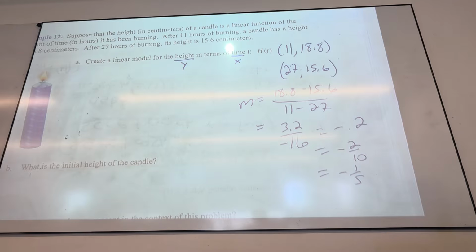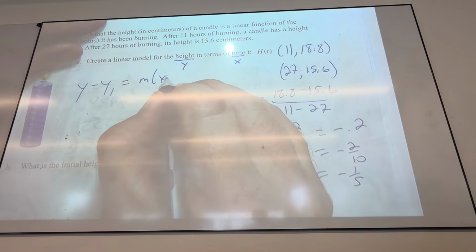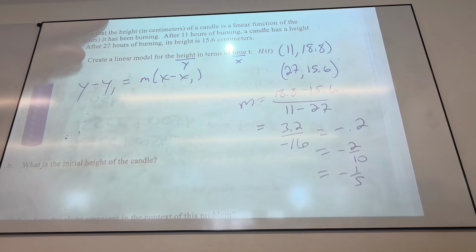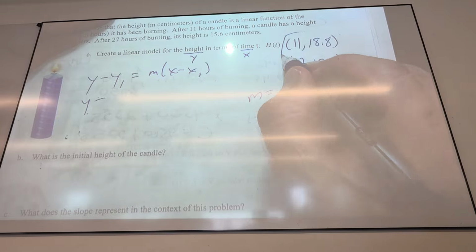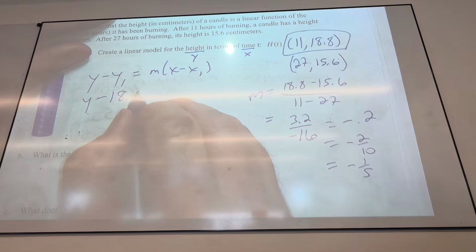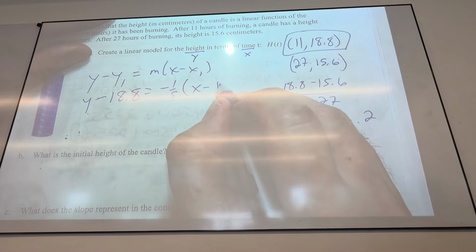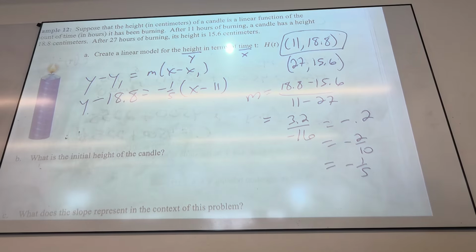So what's the equation of a line that we're going to use? y minus y1 equals... Totally. So y minus, which point do you want to use? 11. Good. 18.8. It doesn't matter, but that's what I was looking at. So y minus the y piece equals m times x minus the x piece.